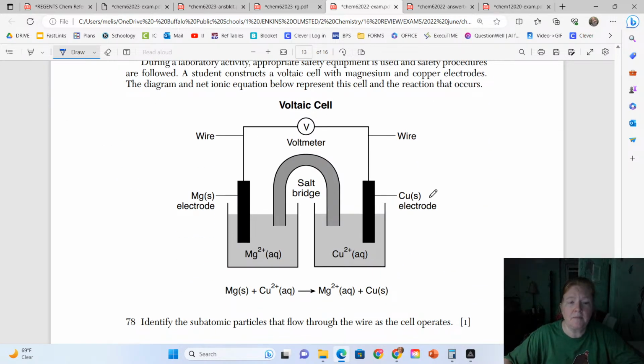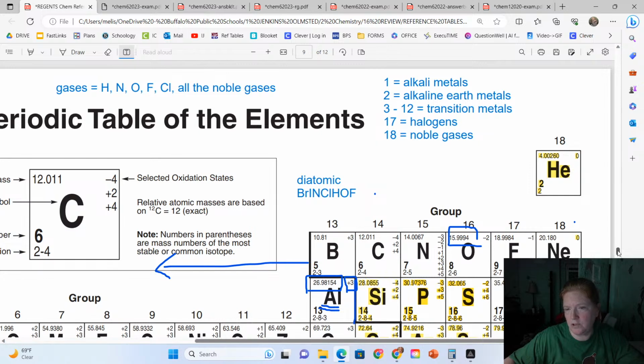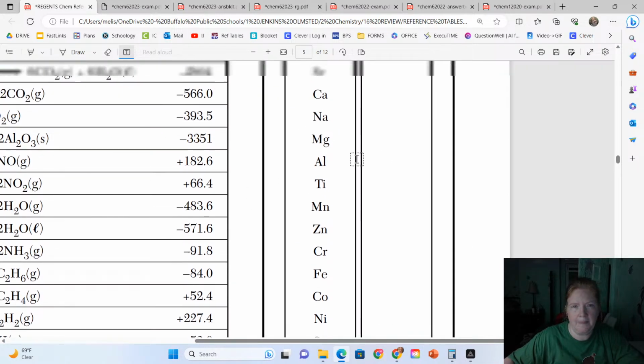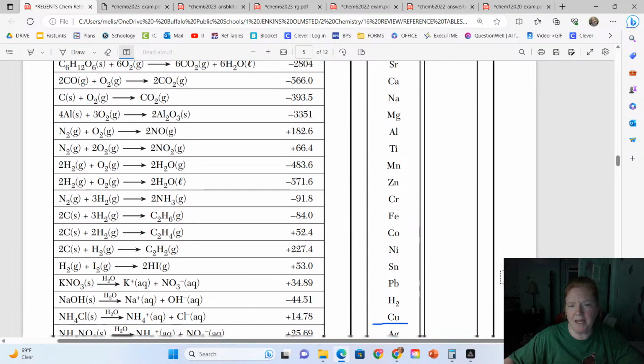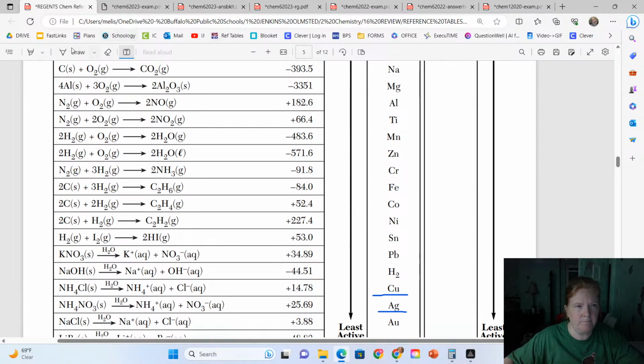What I do is label a bunch of stuff before I ever look at the questions. So you see how I have magnesium and copper? I'm going to go to table J first, and I'm going to find both of them on table J. So here's magnesium and here's copper.